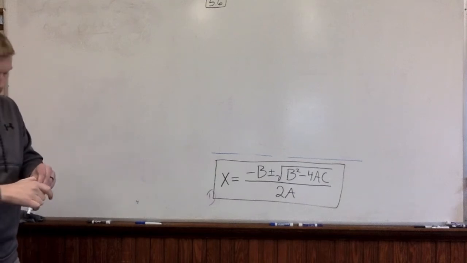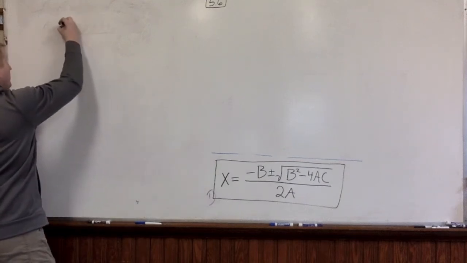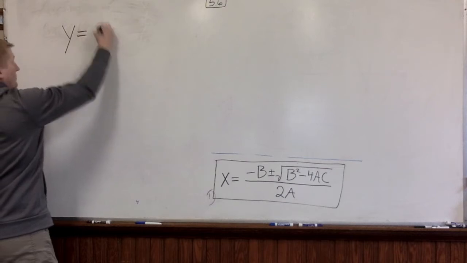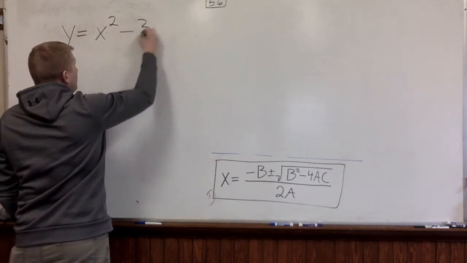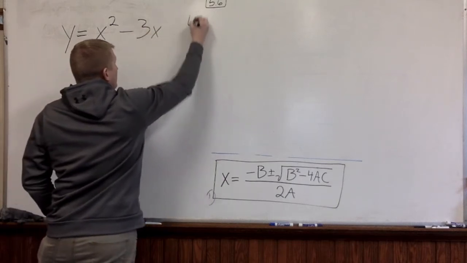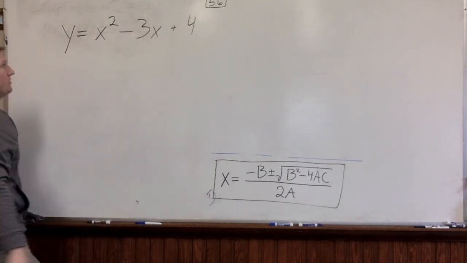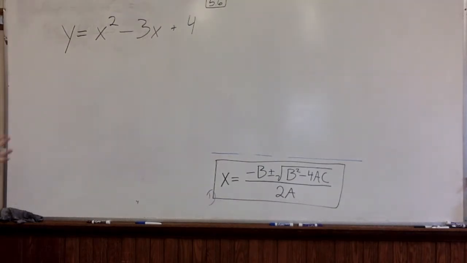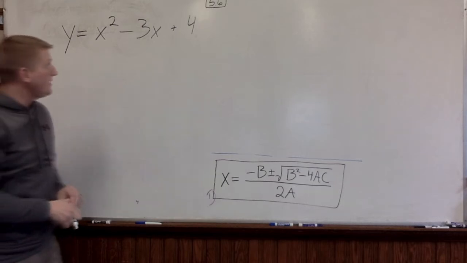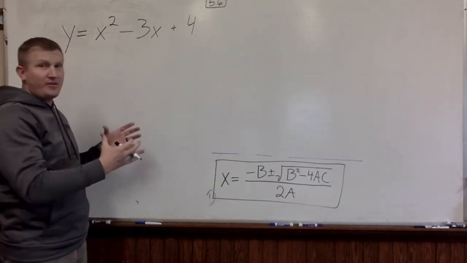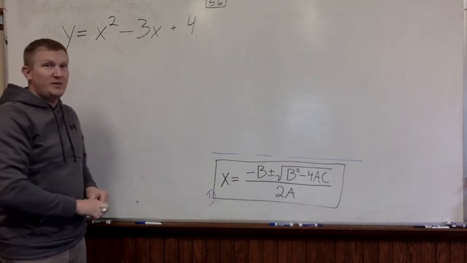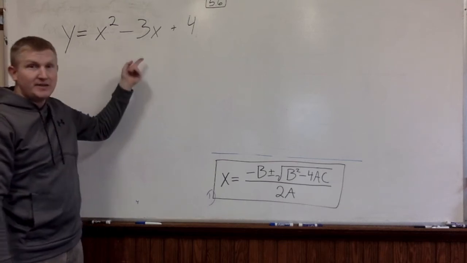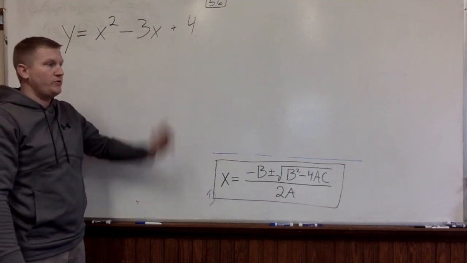What if we had a quadratic that was y is equal to x squared minus 3x plus 4? All right. Now, you can probably see pretty quickly that I'm not going to be able to factor that into two binomials, so I'm going to have to try something different. For all I know, this is going to hit the x-axis at an irrational number. Who knows?